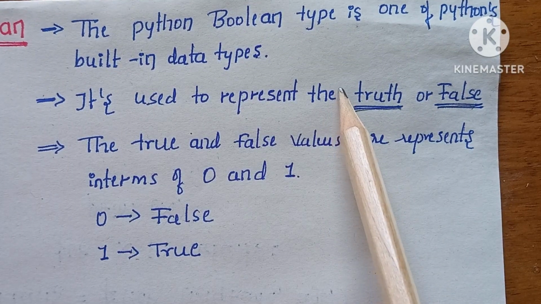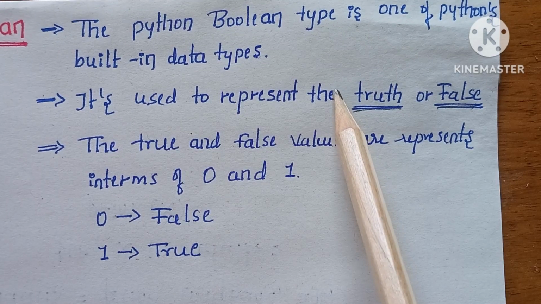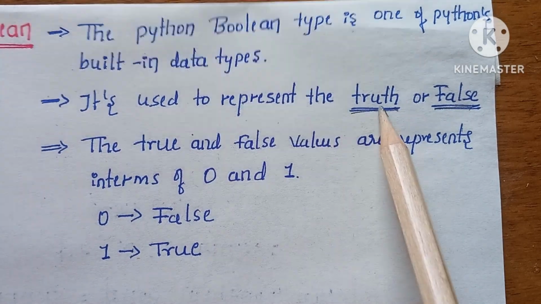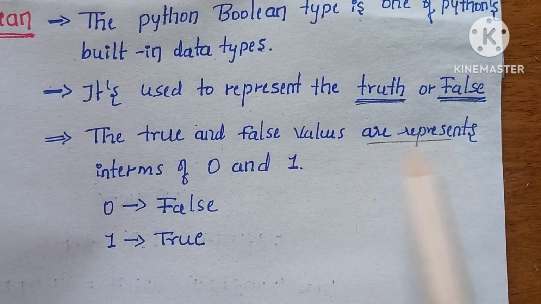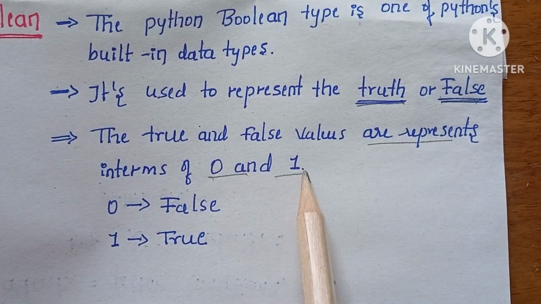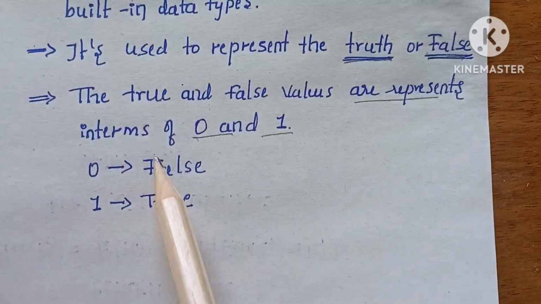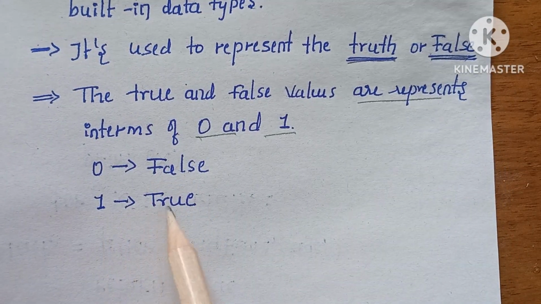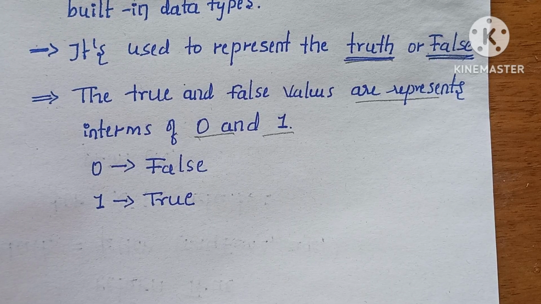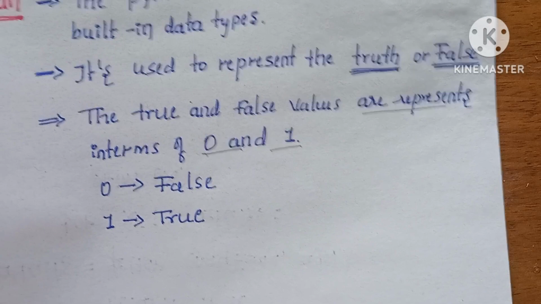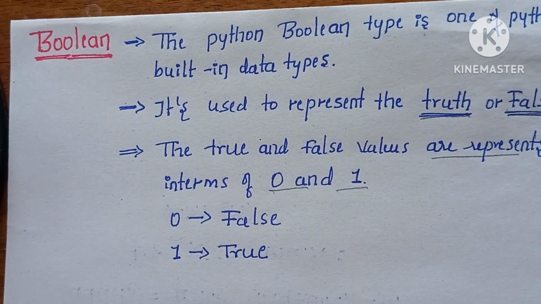It only represents true or false. The true and false values are represented in binary format: 0 means false and 1 means true. If it is true, it will show 1; if it is false, it will show 0. That is called the Boolean data type.